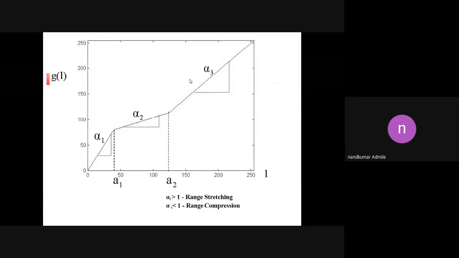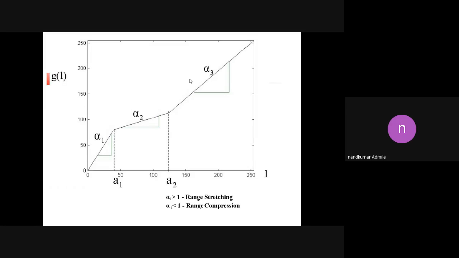Okay. So we can consider any ranges. We can consider from 0 to 10, 10 to 100, 100 to 200, 200 to 255. Yes, we can consider any range, and depending on the range, we can calculate the range of pixels.